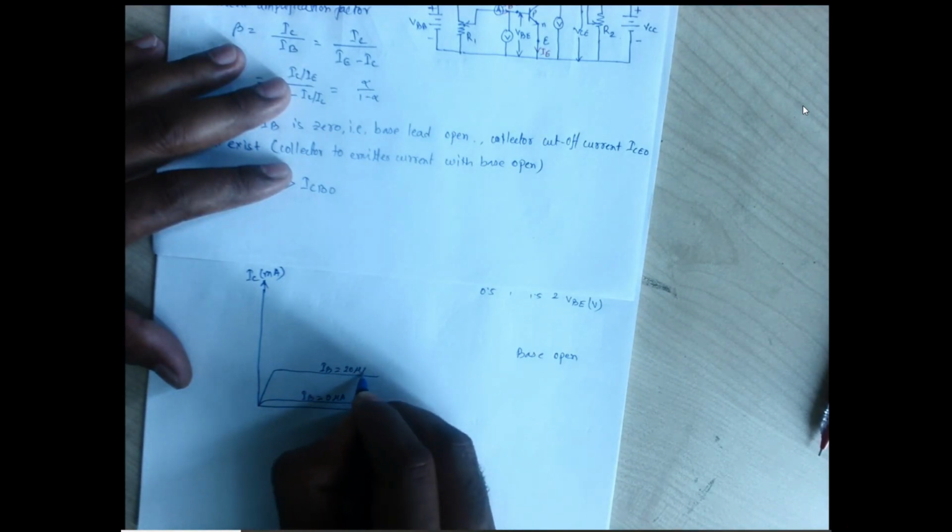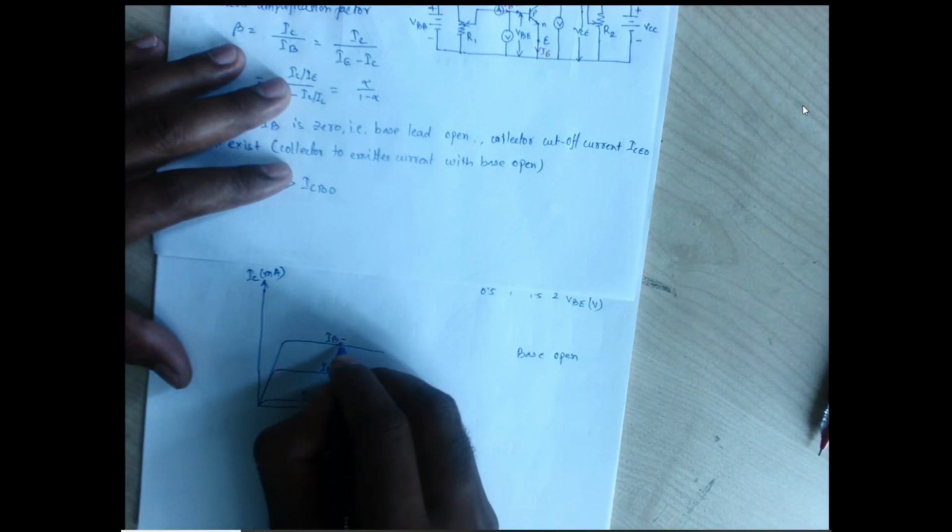Let us consider it is for 20 microamps. In this way, with further increment in IB, we will have an increased amount of IC.